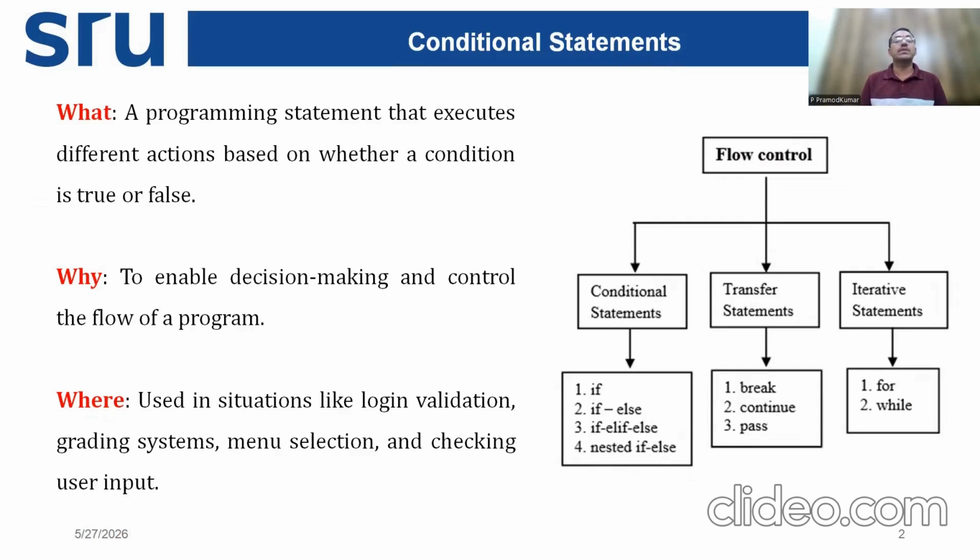In which kind of situations do we use conditional statements? For example, while validating a user login, while grading systems, while selecting a particular menu, and while checking the user input. These are some of the day-to-day life examples where conditional statements are used.